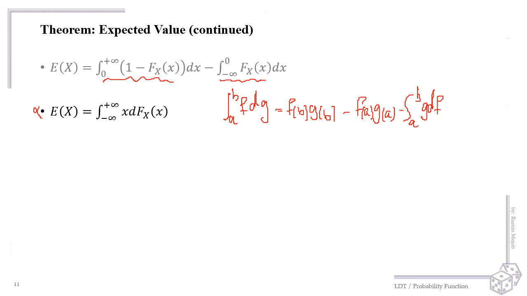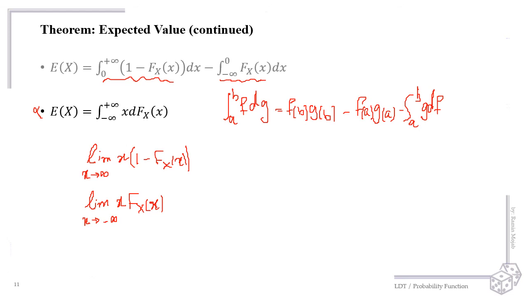Here we will have two limits: the limit of x times 1 minus the CDF of x when x approaches infinity, and we'll have x times F of x, the CDF of x, when x approaches minus infinity.